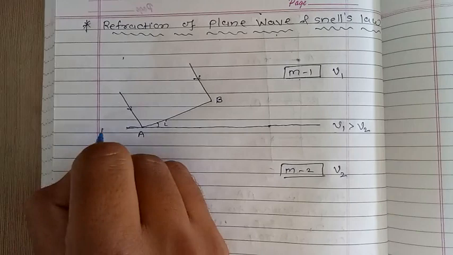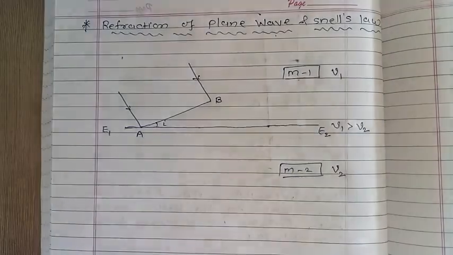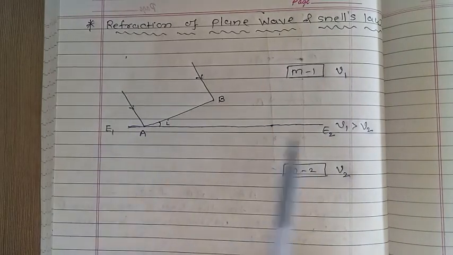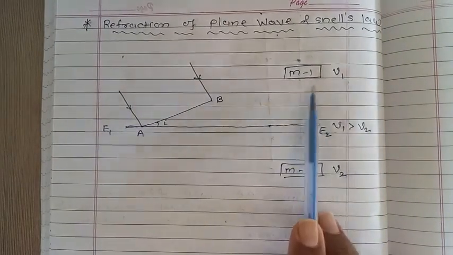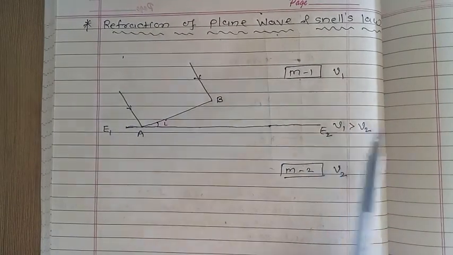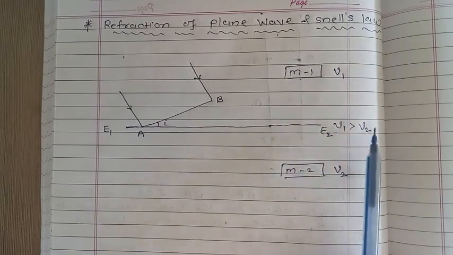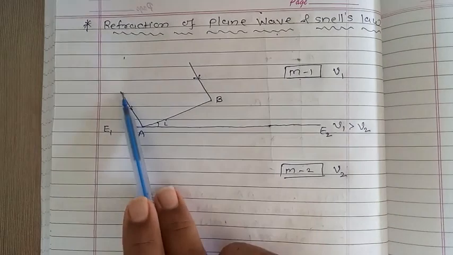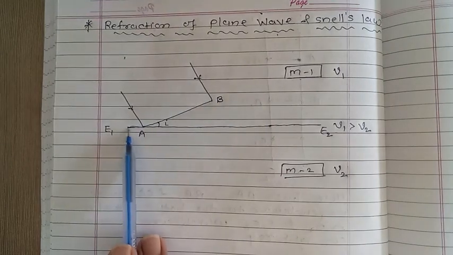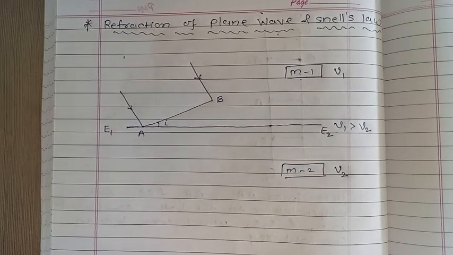We name this surface E1 E2, the surface separating the two media. The speed of light in medium 1 is v1, in medium 2 is v2, and we consider v1 greater than v2. You can see that a plane wavefront is incident on the surface E1 E2 at angle i, right?